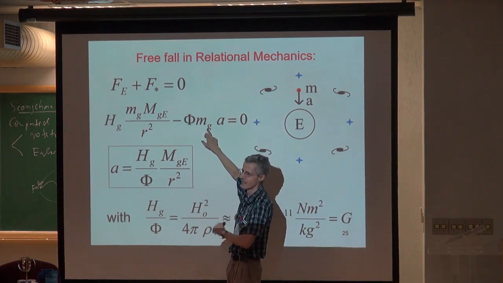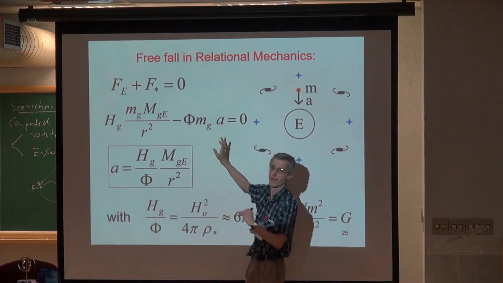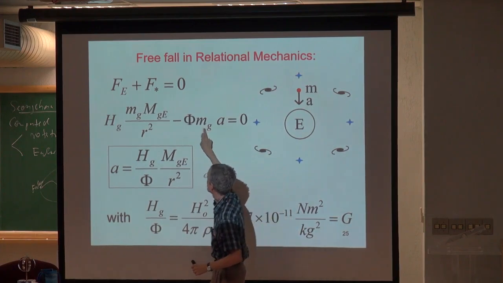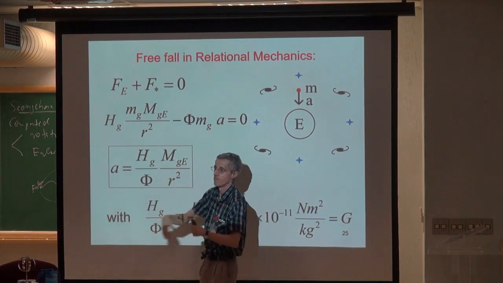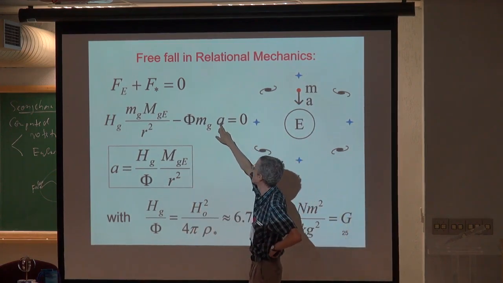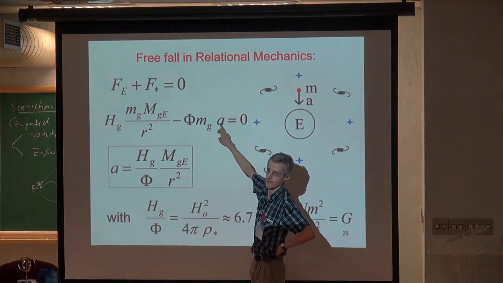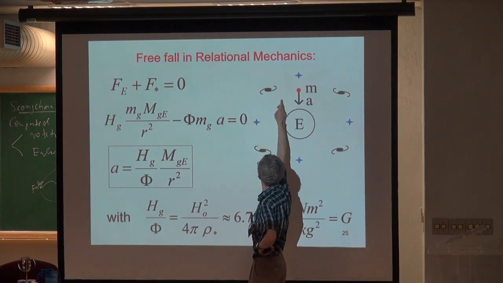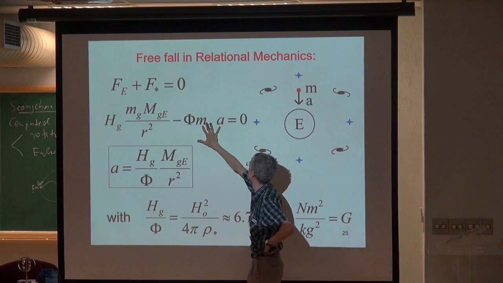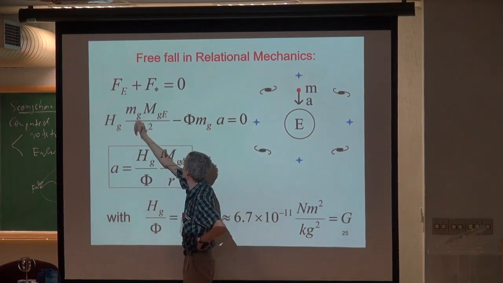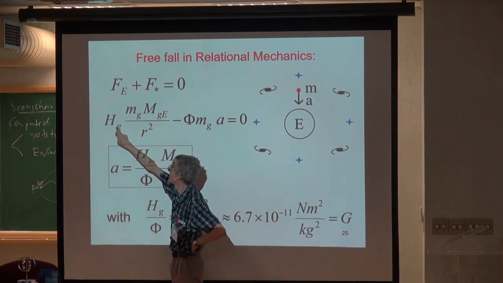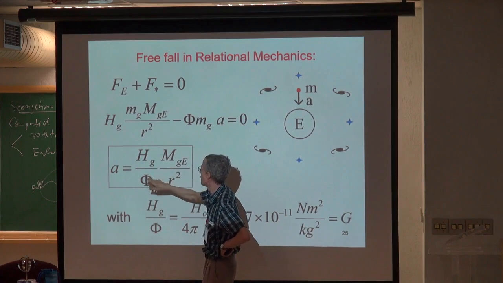I'm not discussing this here, but in Newtonian mechanics it is an inertial mass. When we deduce that with relational mechanics, we obtain the same kind of mass which appears here, because it is being deduced from the gravitational interaction. And the acceleration here is no longer relative to empty space. It is the acceleration of the apple relative to the set of distant stars and galaxies. Then I can put this term to the right-hand side, cancel the two masses, and then I obtain the acceleration, which will depend on the ratio between this term, Hg, and capital phi.